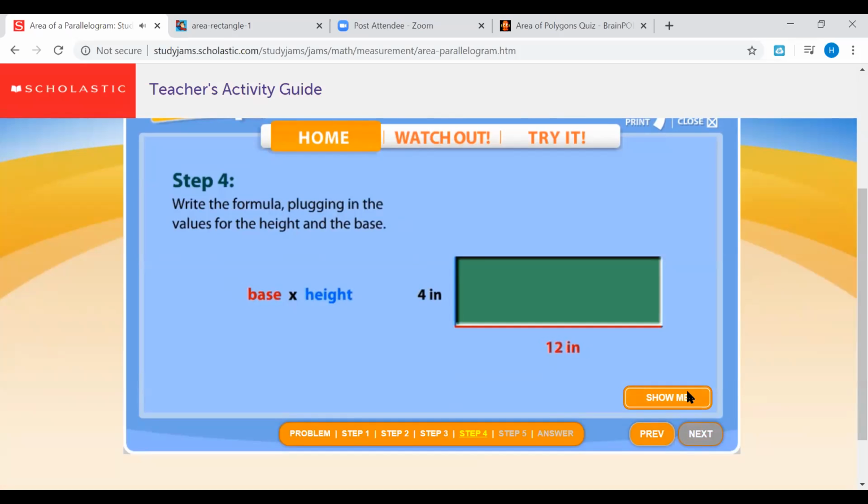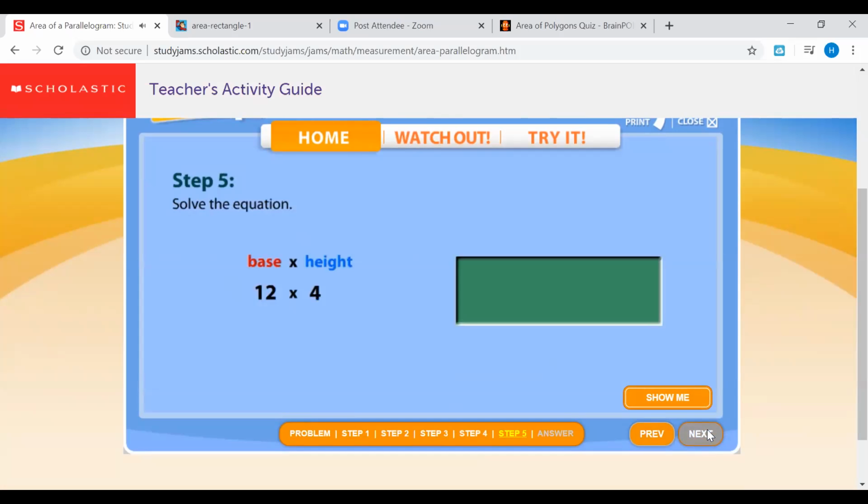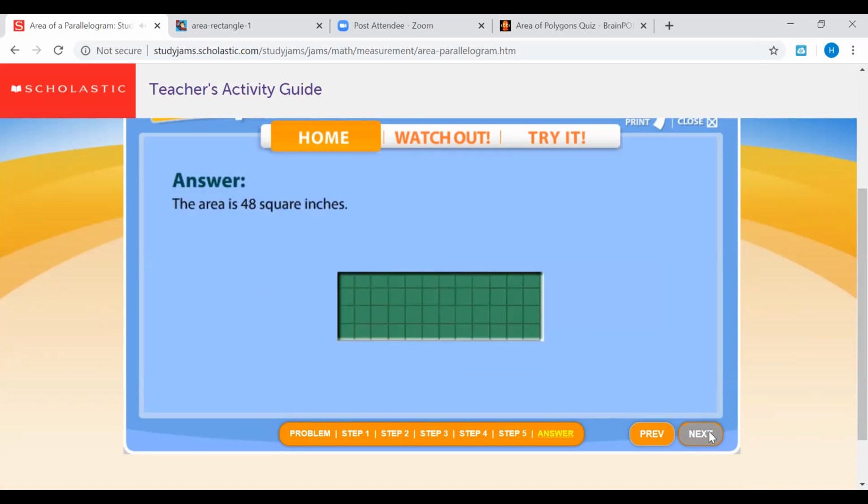Since the base is 12 inches and the height is 4 inches, we write the equation as 12 times 4. Now let's solve the equation. 12 times 4 equals 48. The area is 48 square inches. The area of this parallelogram is 48 square inches.